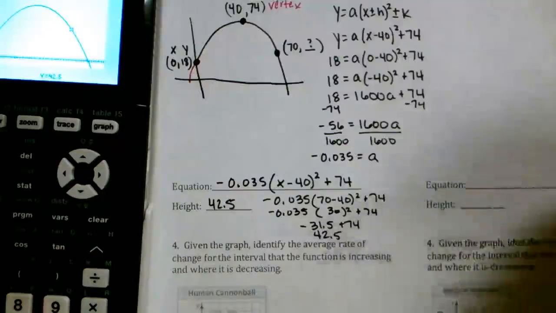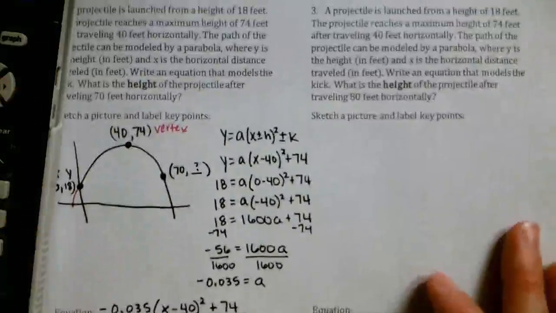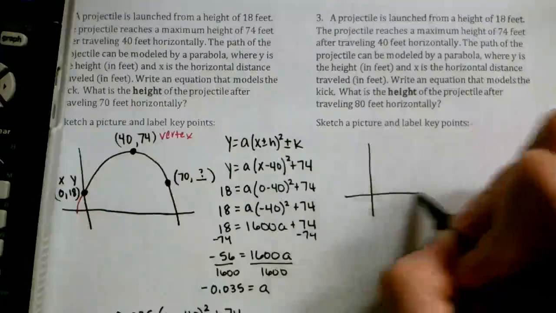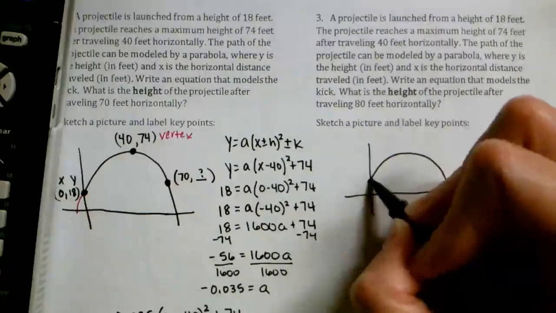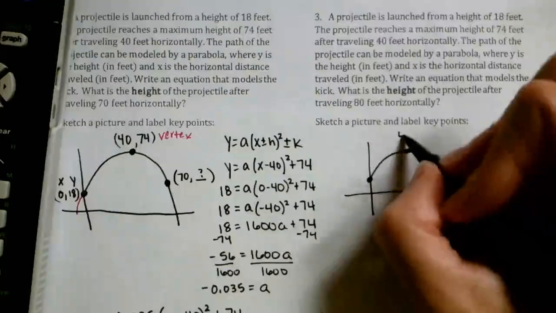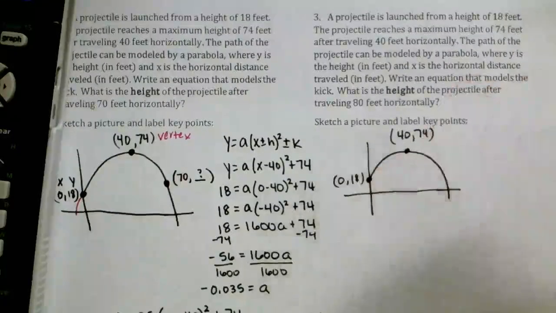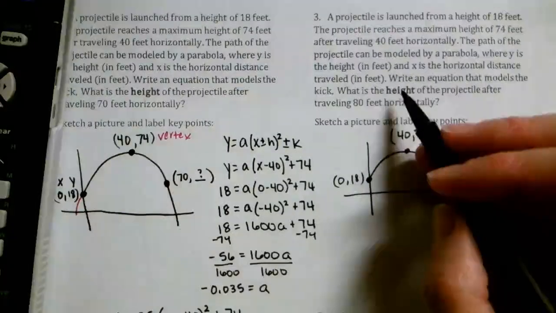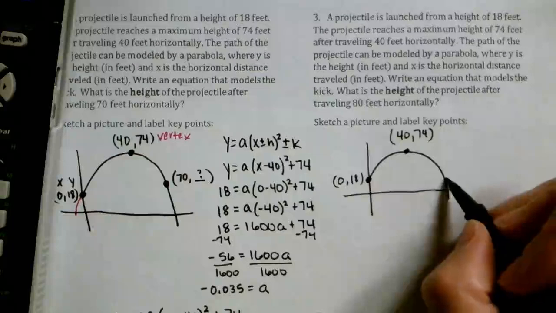Okay, so for the other version, same type of process. Our picture looks the same. It's the same information, except our question at the end is we want to know our height at 80 feet.